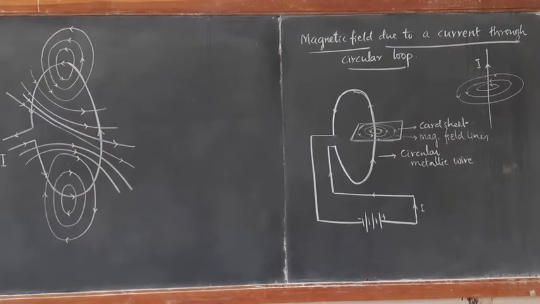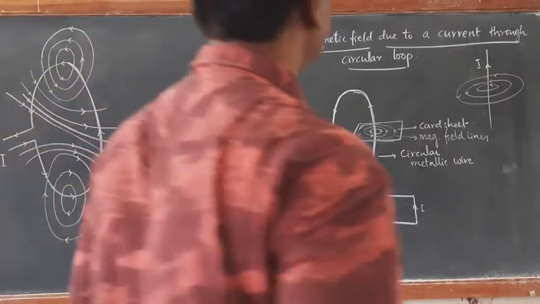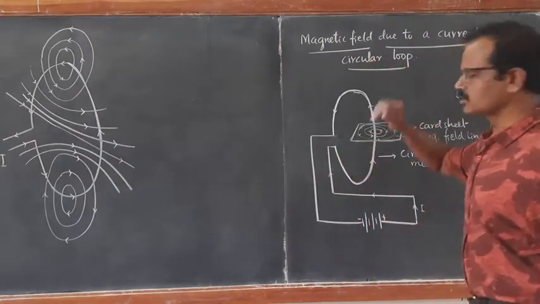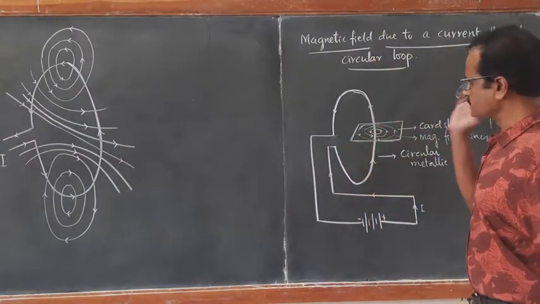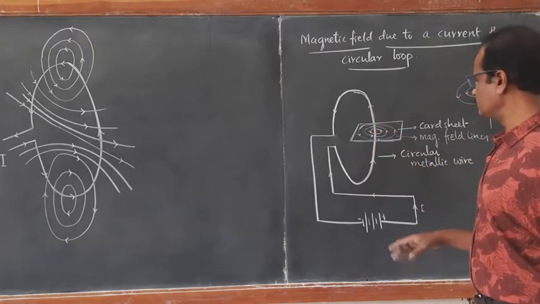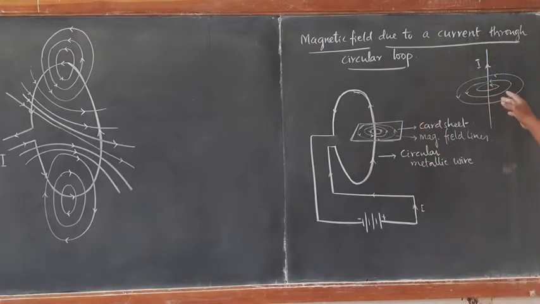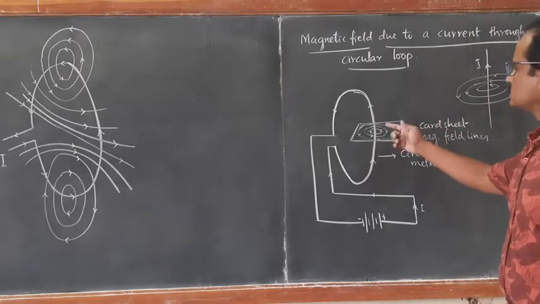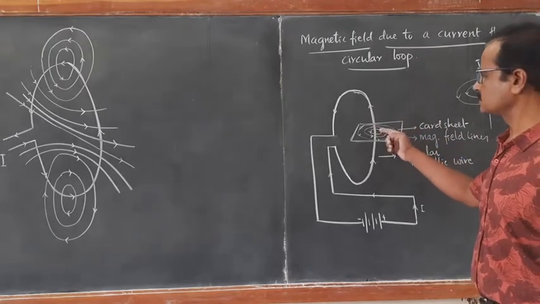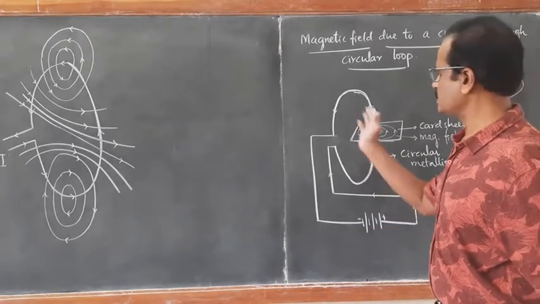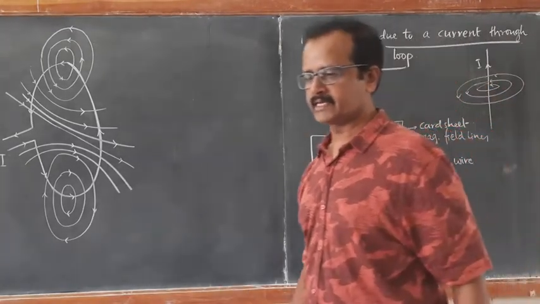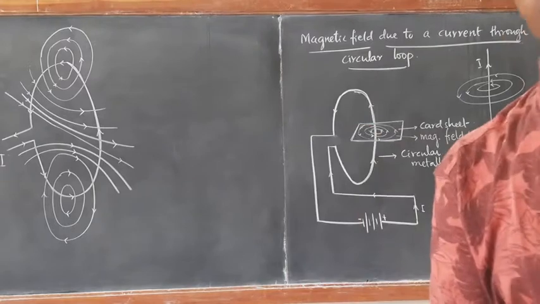Now let us study the magnetic field due to a current passing through a circular loop. When you pass the current through a circular loop, the magnetic field lines can be found out. They are found to be very circular, very close to the element. Now you see this extended diagram.